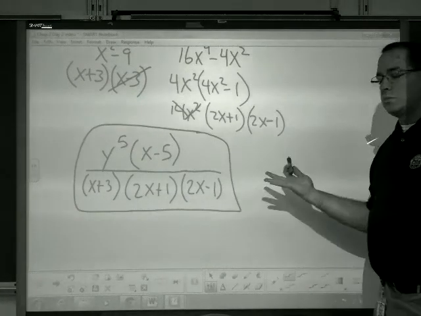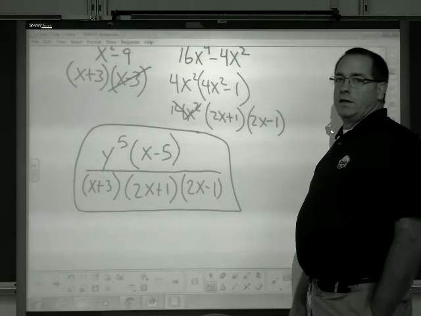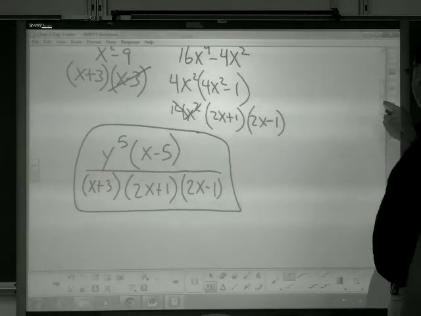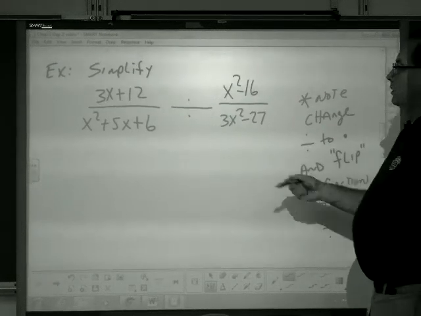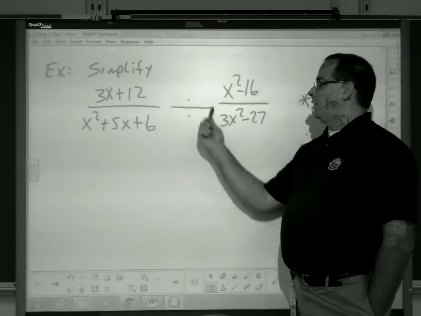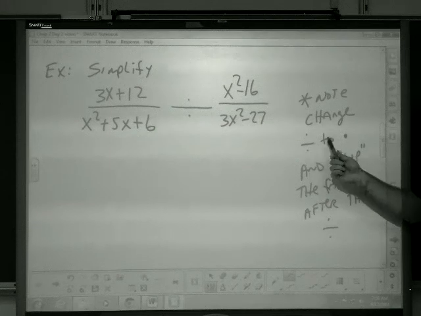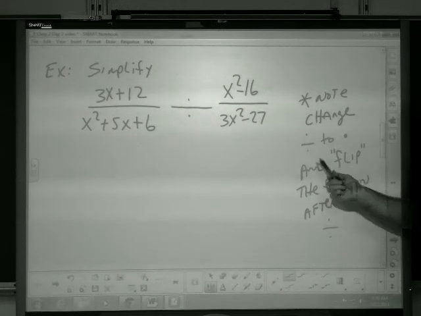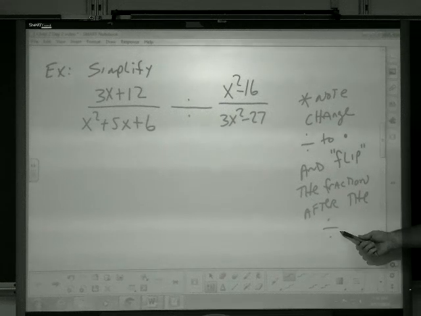Sometimes more things reduce and sometimes it doesn't. You have to leave whatever you have that has not reduced. Okay? Next problem. Notice division. And you learned in Algebra 1, when we have a division, change division to multiplication and flip the fraction after the division symbol.